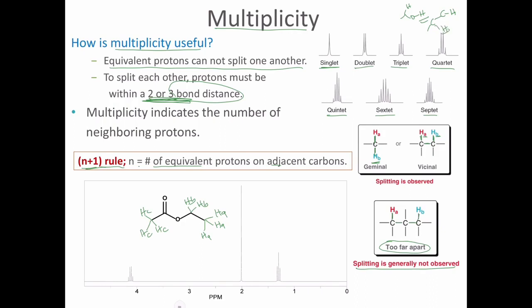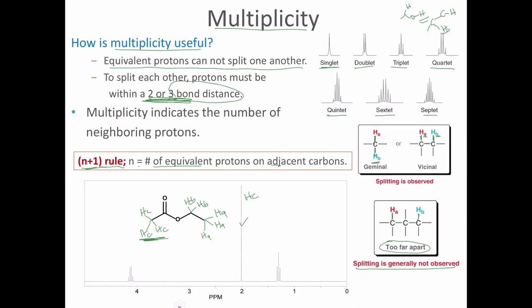So in this case, there is going to be no splitting for HC. So HC is going to show up as one signal which is not split. And it's going to show up as the one that you see over here. So that's going to be for the HC signal.